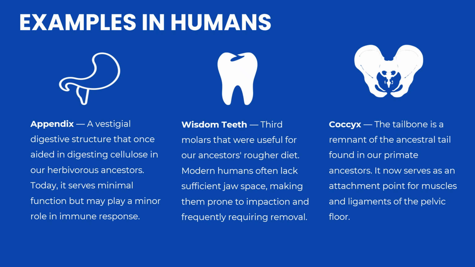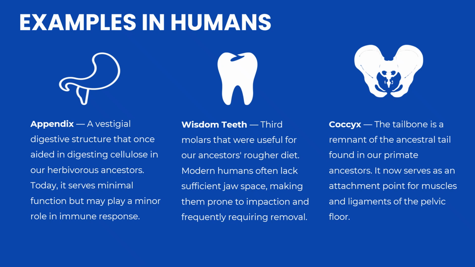This digestive structure was helpful in digesting cellulose or fibers in the herbivorous ancestors. But over the period of time, as it was having a very minimal functional role, it has got reduced, and in some humans still it is present. Okay, but it is vestigial, it is non-functional.